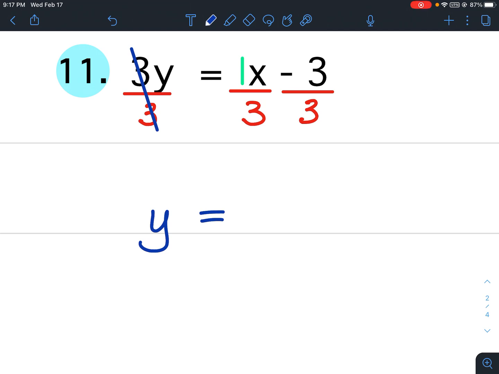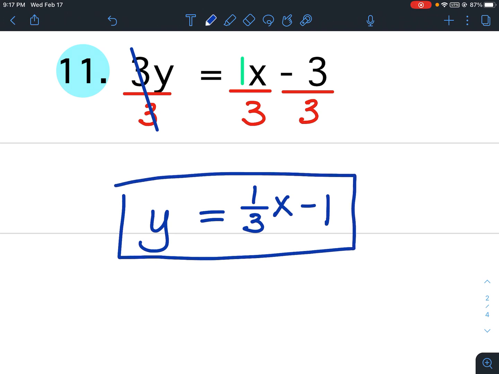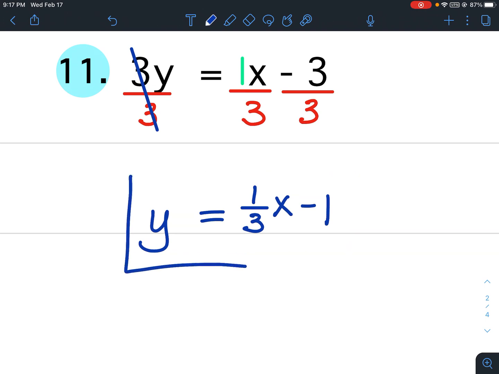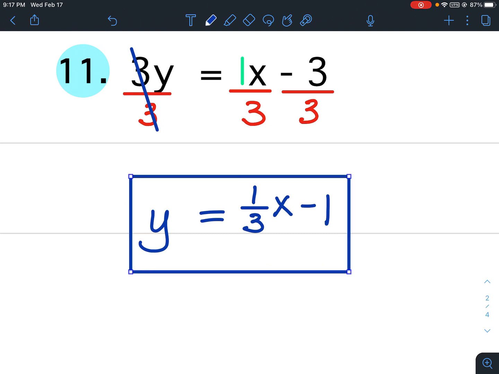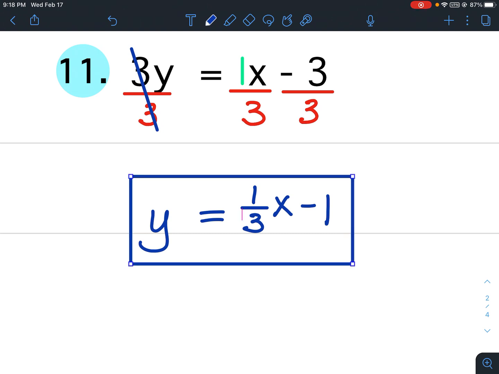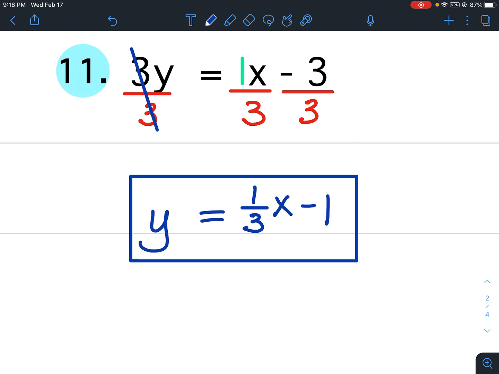If you put in 1 over 3 in your calculator, it's going to stay 1/3. So we have y equals 1/3 x, and then negative 3 divided by 3 is negative 1. So for number 11, this equation in slope-intercept form is y equals 1/3 x minus 1.